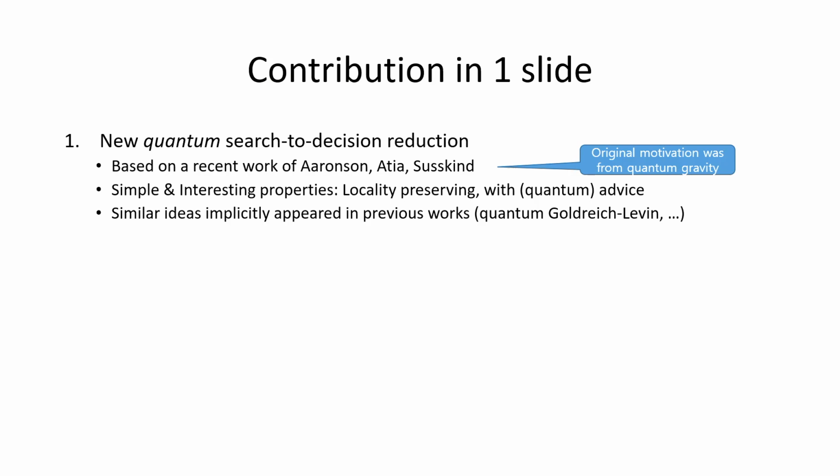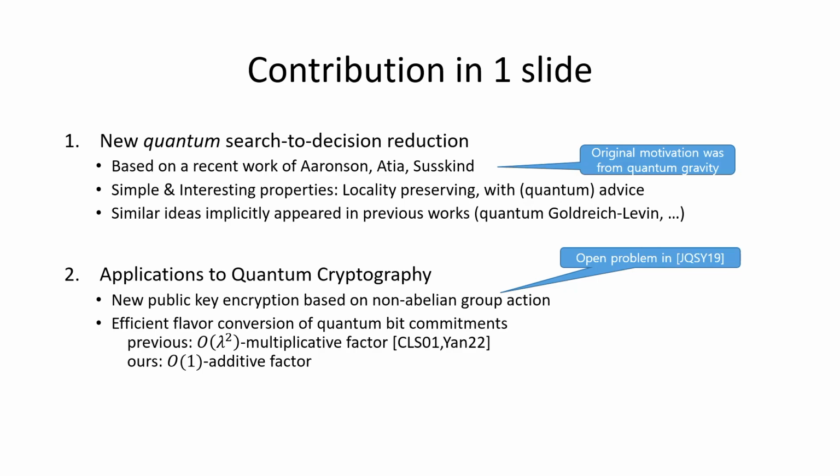I don't know what it is, but we found that it is very simple and has very interesting properties. And since it is simple, cryptographers already use similar ideas in many previous works, like the quantum Goldreich-Levin theorem.